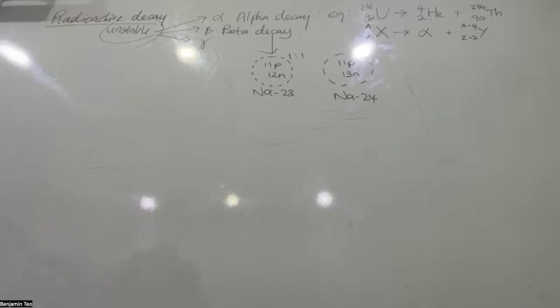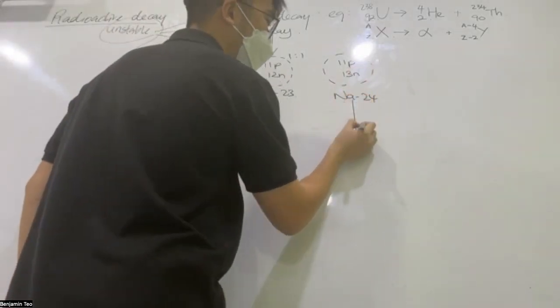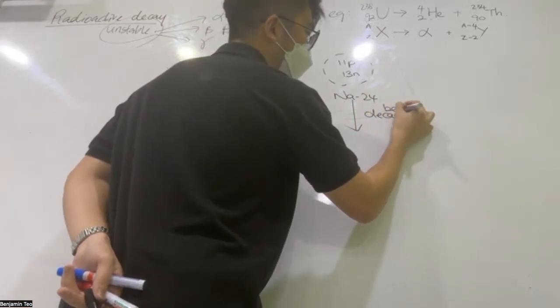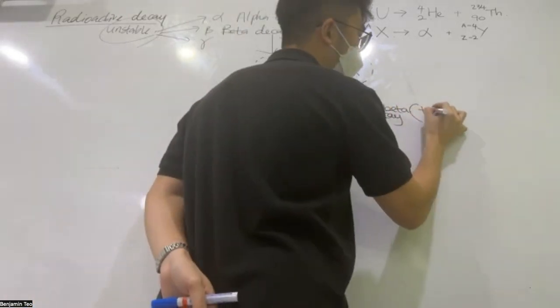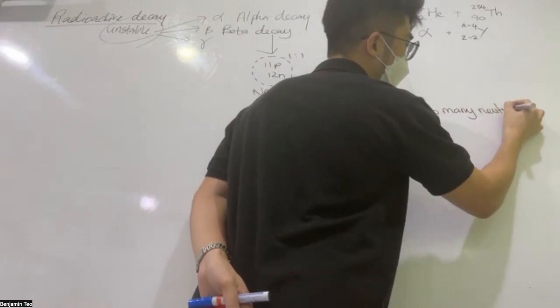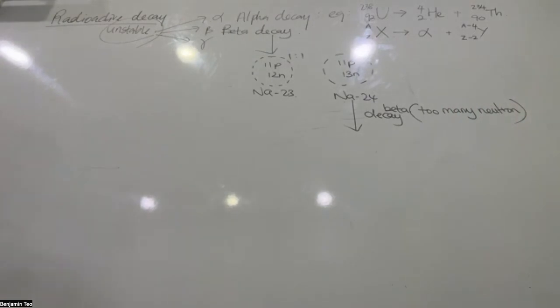So this sodium-24 will undergo beta decay. When you have too many neutrons, beta decay will happen.